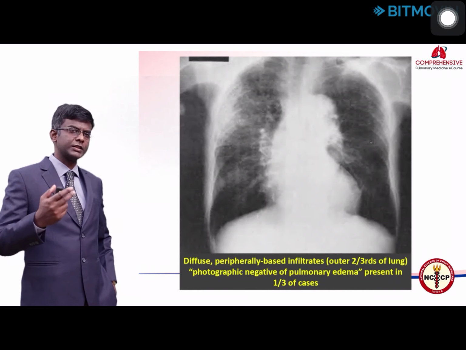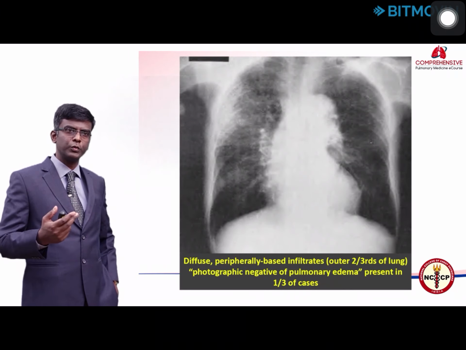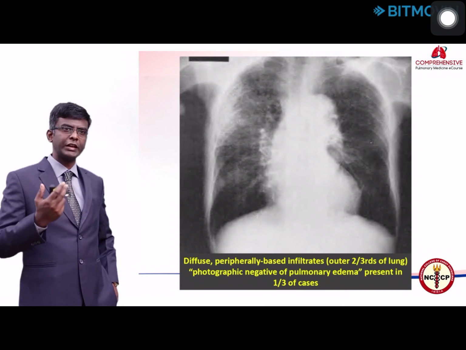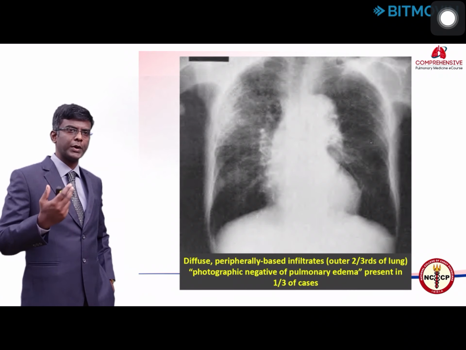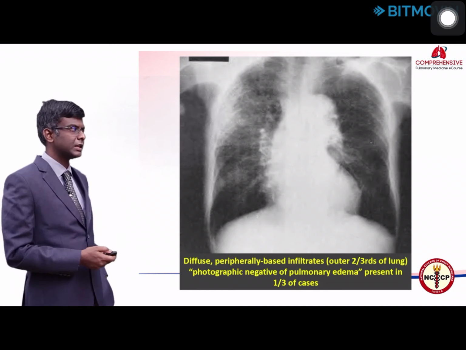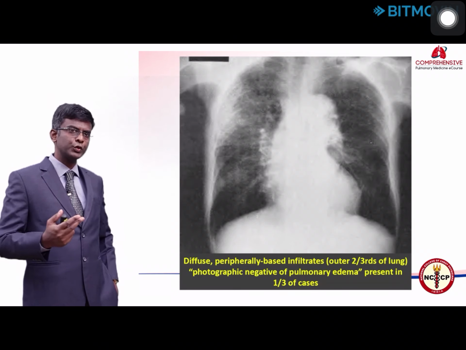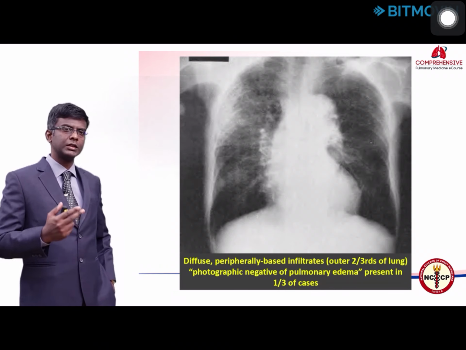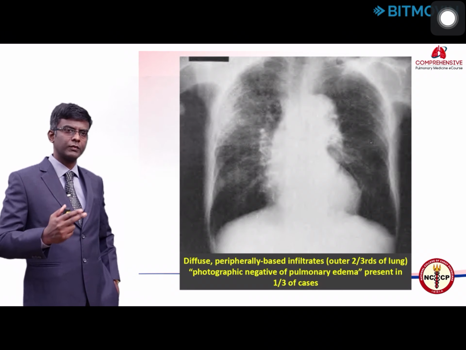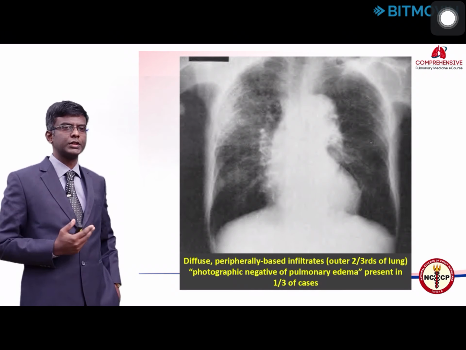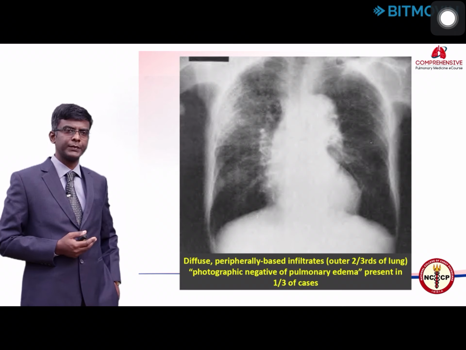The typical chest X-ray feature of chronic eosinophilic pneumonia is what is called the photographic negative of pulmonary edema. That means there is diffuse peripherally based infiltrates involving the outer 2/3 of the lung fields.